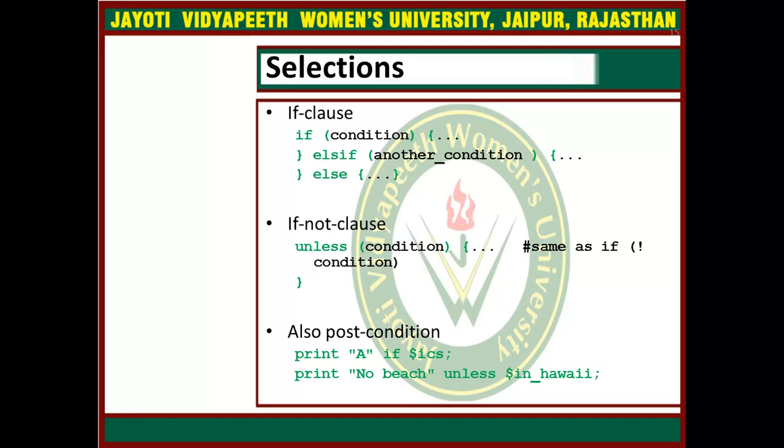In between you have to specify the condition, and then you open and close the braces, and else if, then another condition, then also specify else. And the unless clause, if the condition is not true. The next is also post condition, like print a if this, and print no unless.